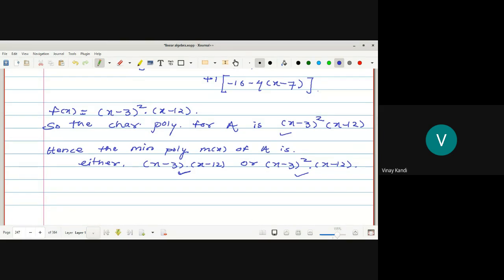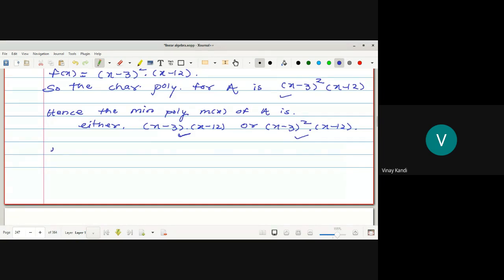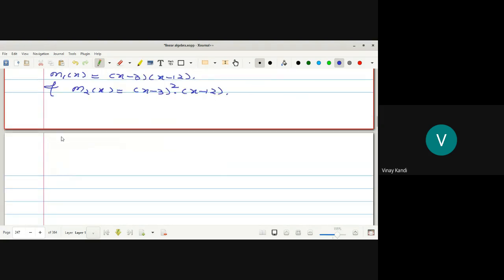What are the two possibilities? Suppose this is m1 of x, the minimal polynomial (x minus 3) into (x minus 12). And m2 of x is (x minus 3) squared into (x minus 12). Let us check whether A satisfies m1 of x or m2 of x.